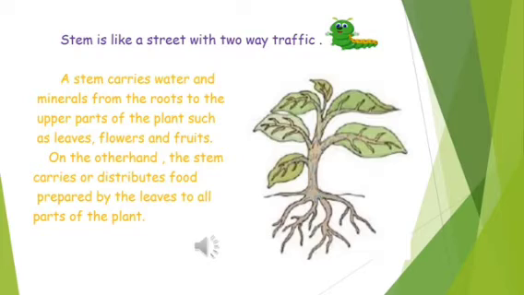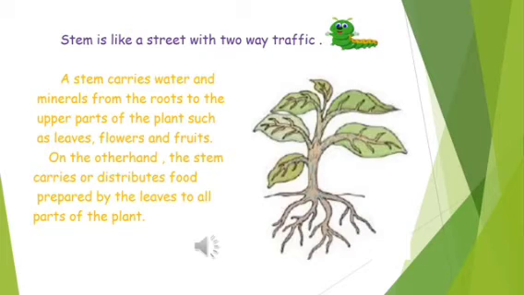Stem is like a street with two-way traffic. So can you explain this statement? We already have learned the functions of a stem. A stem carries water and minerals from the roots to the upper parts of the plant, such as leaves, flowers, and fruits.